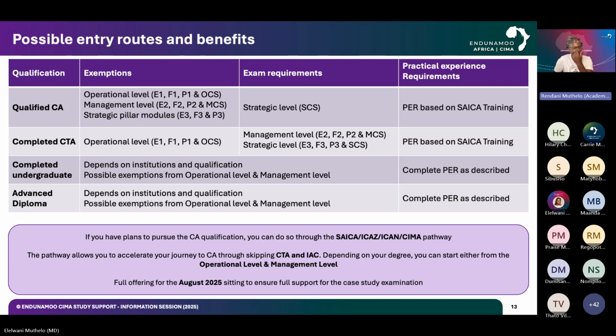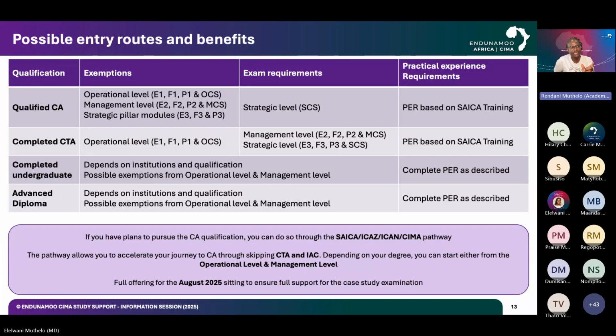And the reason we've done that is that we are realizing that some of our CA candidates will want to jump into the case study, or they will be exempted from all the exams other than the case study.